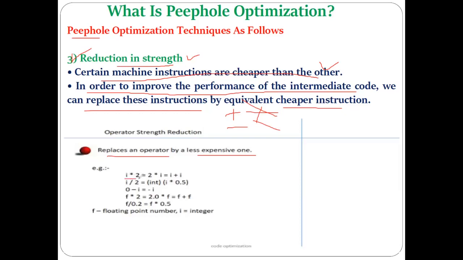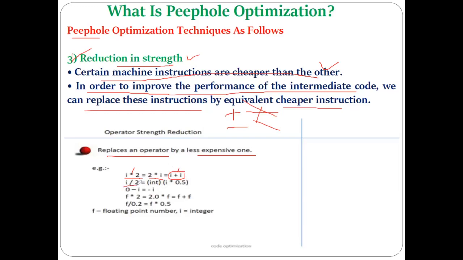Like if you see the instruction i into 2, or 2 into i, we can replace this instruction with i plus i, because the multiplication operator is more costly or more expensive as compared with plus. What do you mean by more costly or more expensive? It means the processing time required to process it will be more.